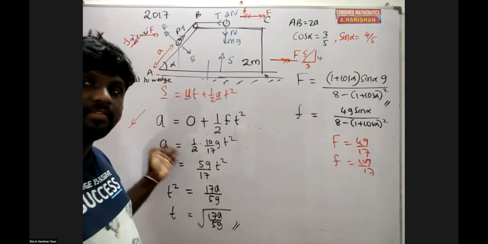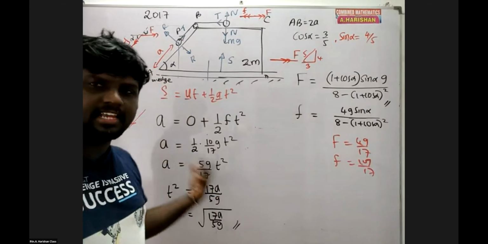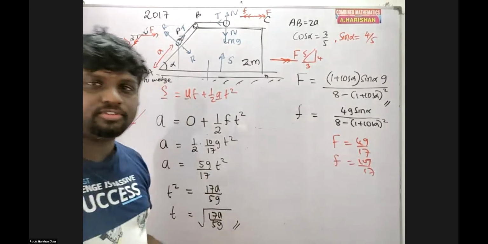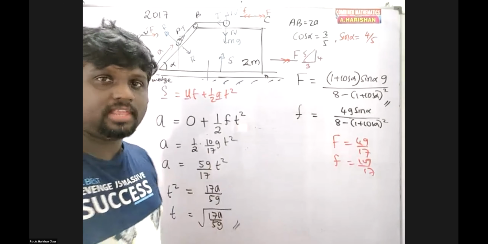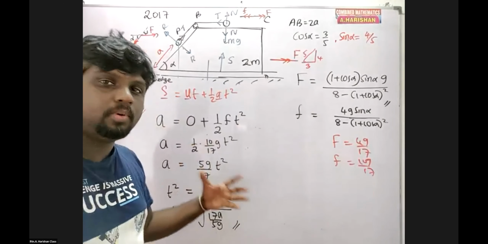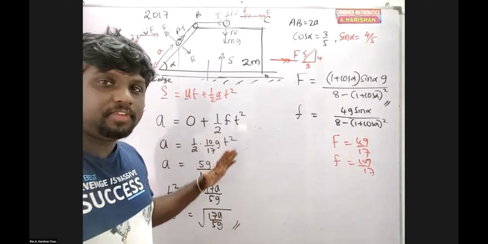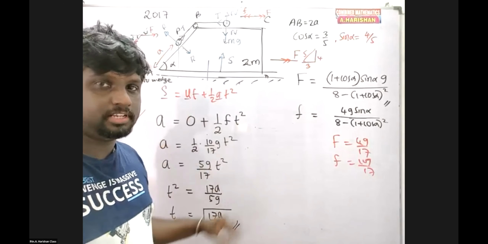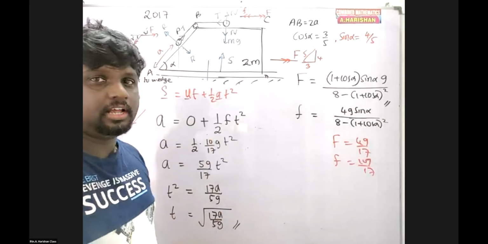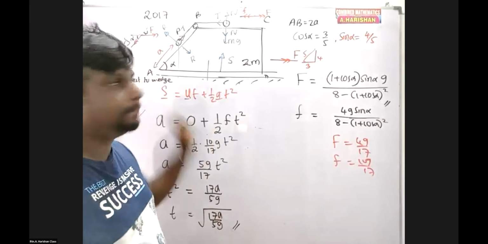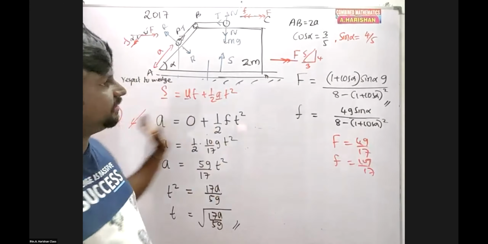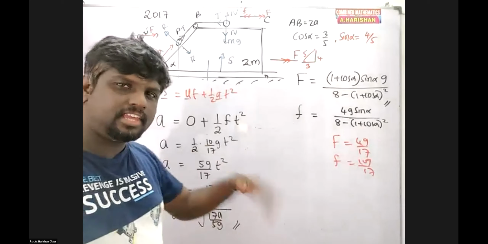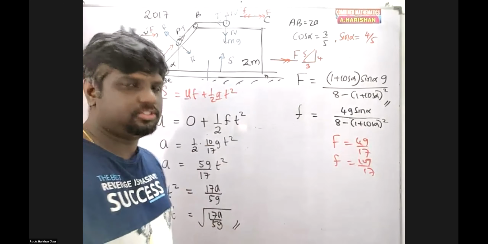Okay, so what we have done, it's a nice question. Actually, this kind of question was repeated in 2018 also. But here the important thing is applying F equals ma and choosing suitable particles and suitable directions, right? After that you will be getting this, and simplification is what matters.